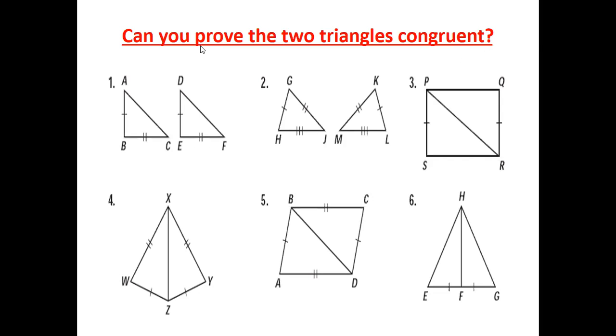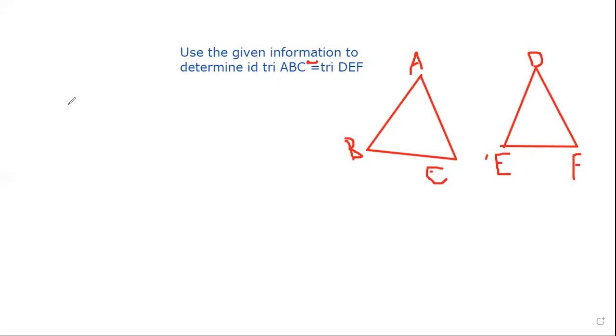Okay, any question about this part? We are going to use the distance formula to find the lengths of AB and DE, the lengths of BC and EF, and the lengths of AC and DF.